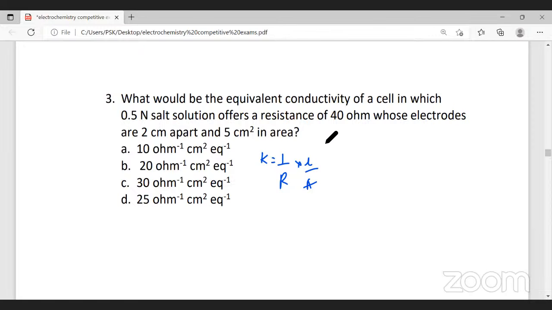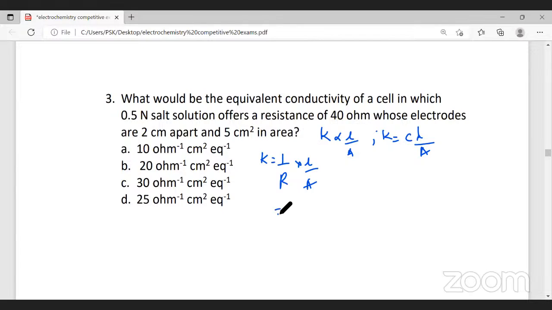Specific conductance is proportional to length and inversely proportional to area. If you remove the proportionality sign, we give a proportionality constant. That constant is given as C. C into L by A. What is C? C is conductance. So conductance is nothing but the inverse of resistance. That's why we have given 1 by R here.